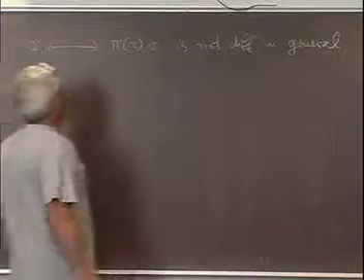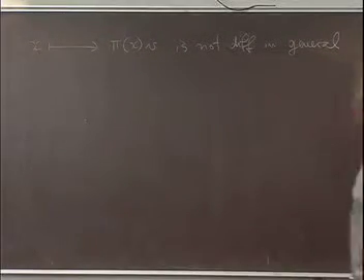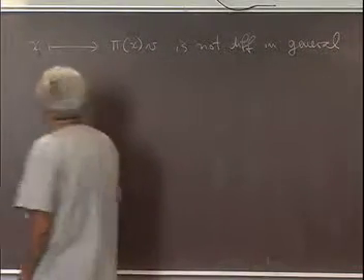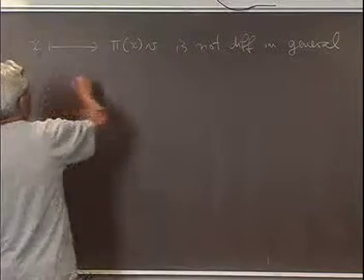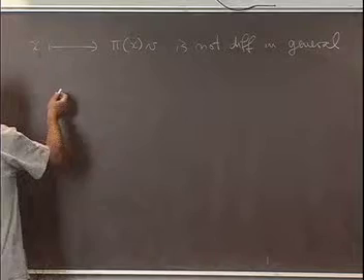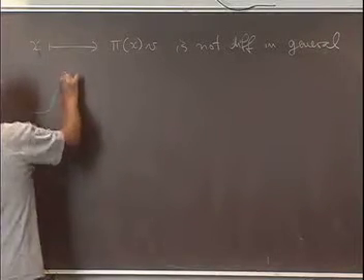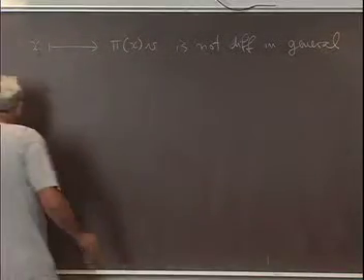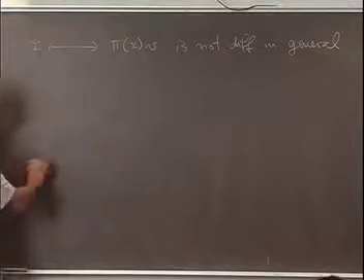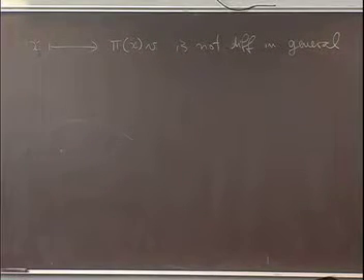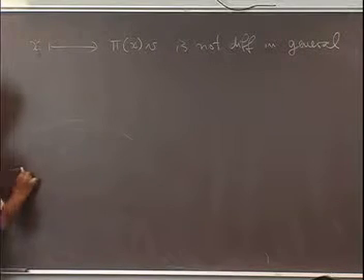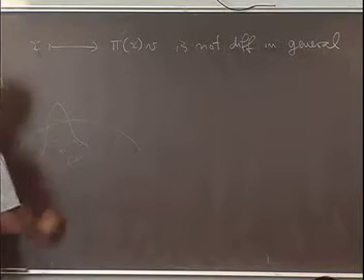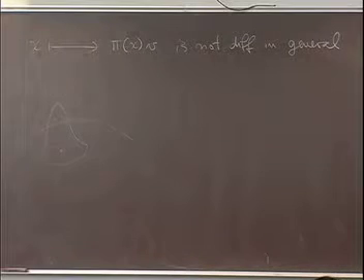We can make this function differentiable by taking this vector v, and on my group, I look at the neighborhood of identity, and I look at a compactly supported smooth function which is supported in some neighborhood of the identity.